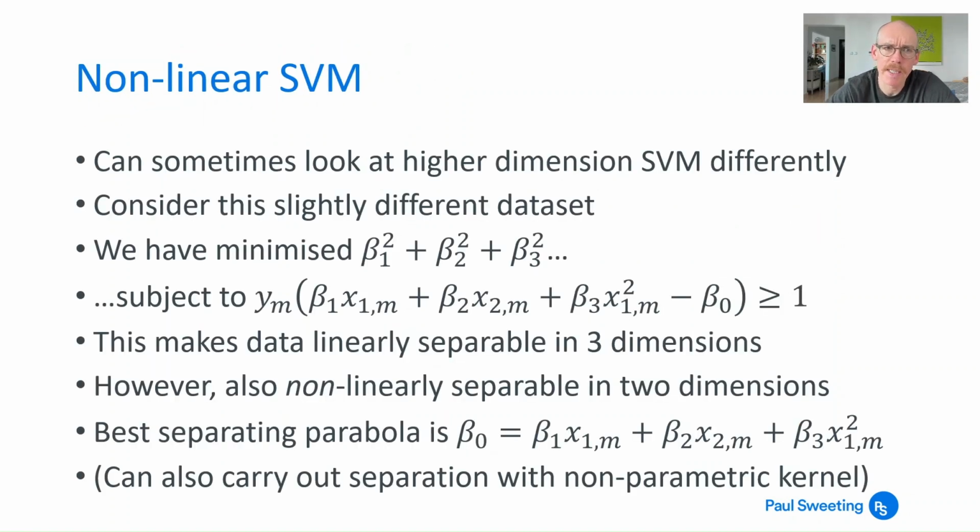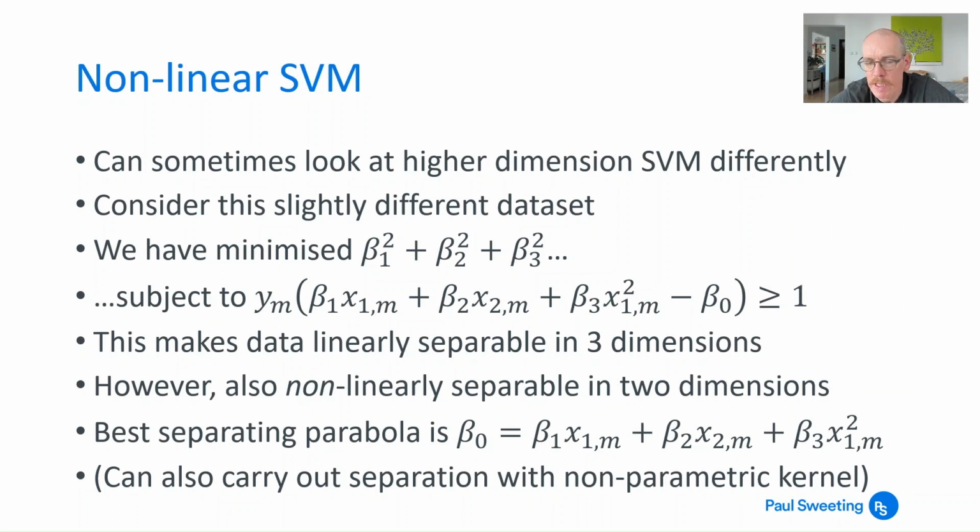Now, you can sometimes look at this higher dimension version of SVM slightly differently, because you consider a slightly different data set, and we've minimized beta 1 squared, beta 2 squared, and beta 3 squared subject to that constraint there. You could say it makes the data linearly separable in 3 dimensions, because you can just use a plane to separate the data. But another way of looking at it is that it is non-linearly separable in 2 dimensions. And the best separating parabola is beta 0 plus beta 1 x1m plus beta 2 x2m plus beta 3 x1m squared, which is clearly a parabola.